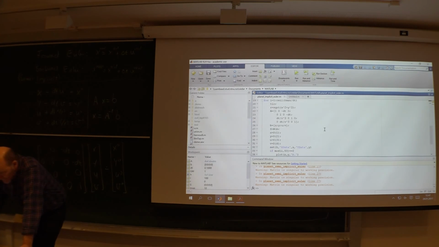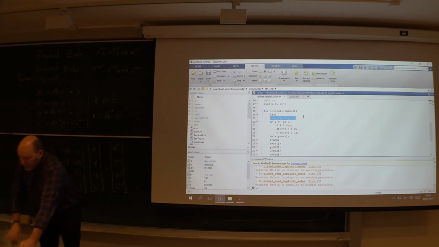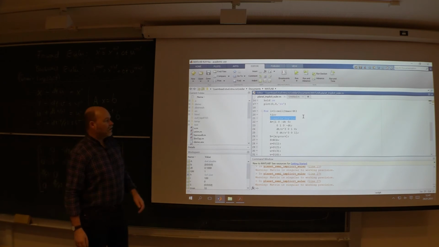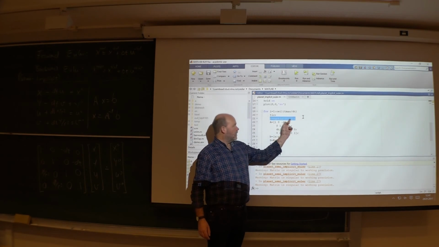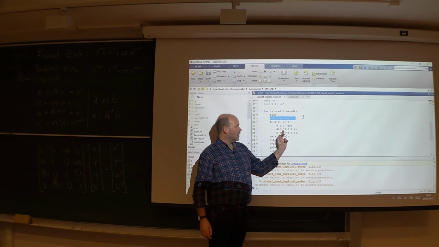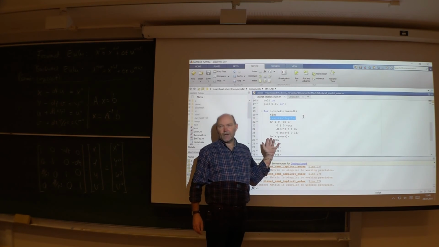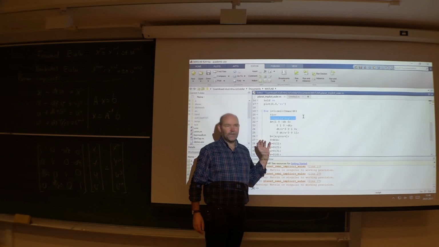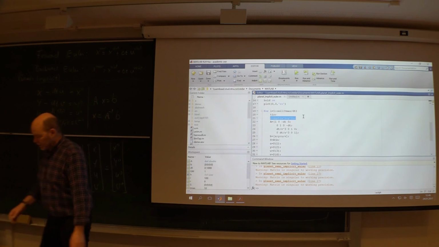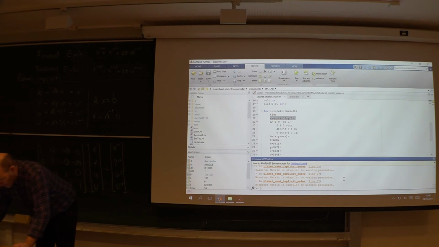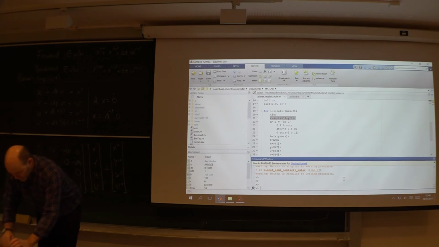Well, this one is a little bit more tricky because I have this nonlinear equation system which has to be solved if you include x squared and y squared here as well. You can't use the backslash. That demands a linear equation system. We have a nonlinear equation system. How do you solve a nonlinear equation system? We can do that, but luckily we don't have to.